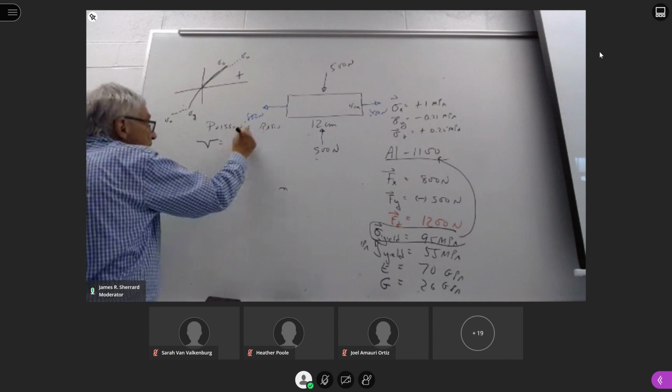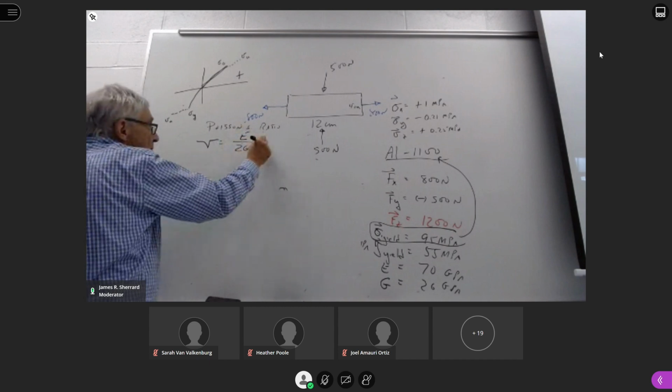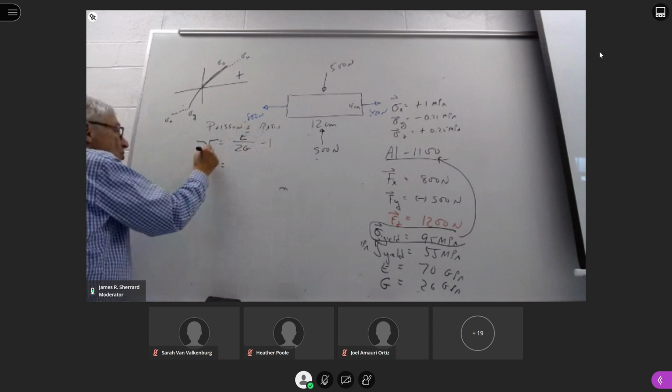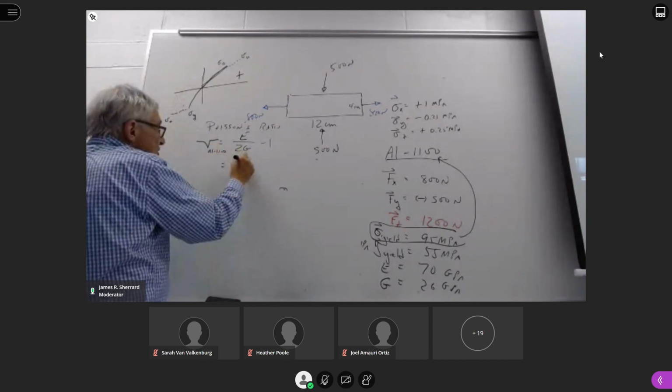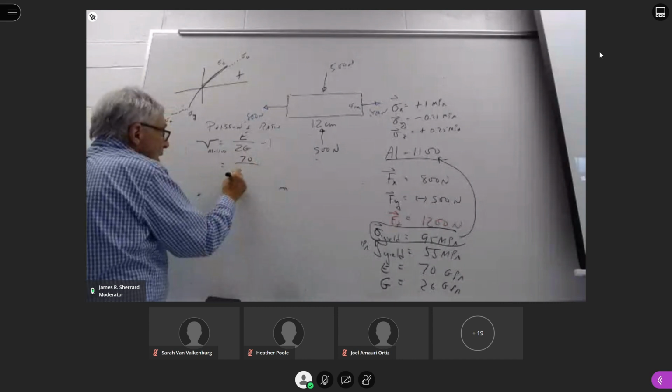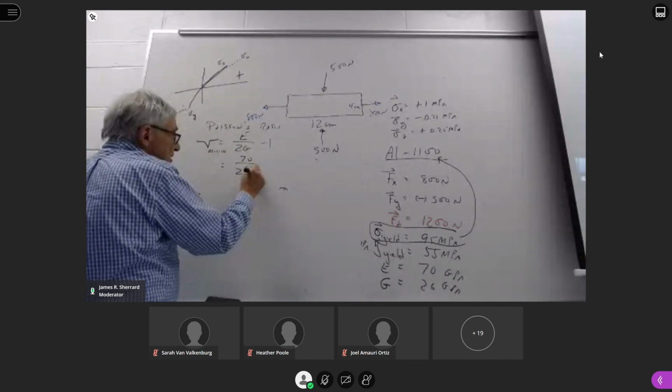So this is E divided by 2G minus 1. So for aluminum 1100, our E value was 70. Our G value was 26.